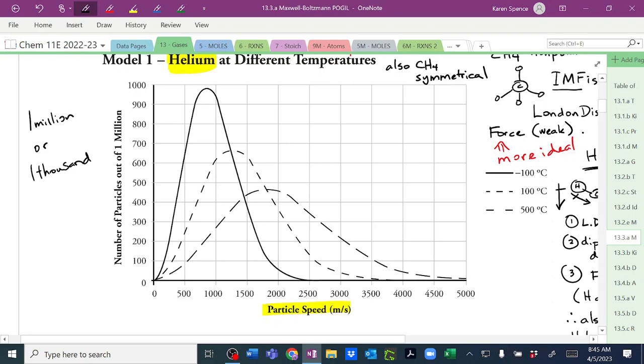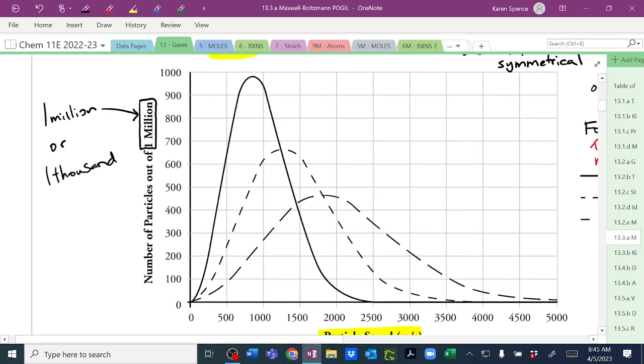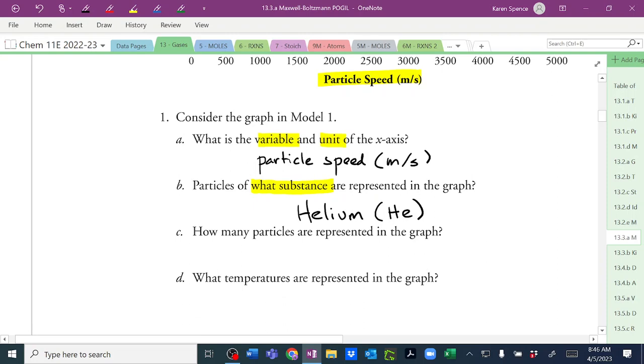Do you have an idea? It's okay if you don't. Okay. So this is the particles out of 1 million. So the total number of particles is 1 million. It's a little bit hard to tell that from the graph, and it'll become more clear why as we go along. I'm going to get ahead of myself if I do this, so I'm just going to write 1 million for now. So that's the total number of particles.